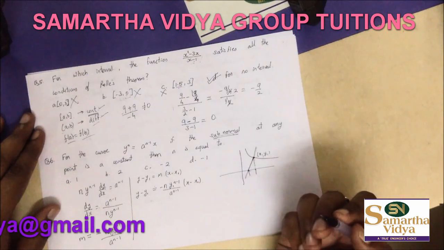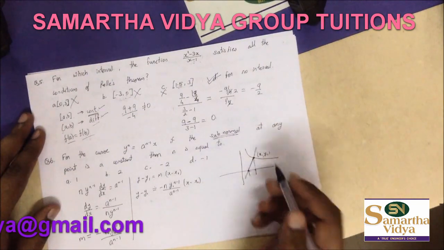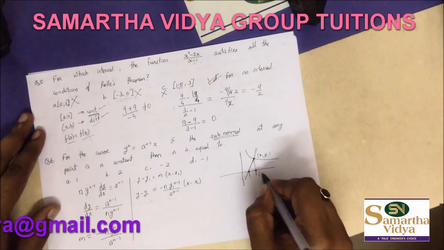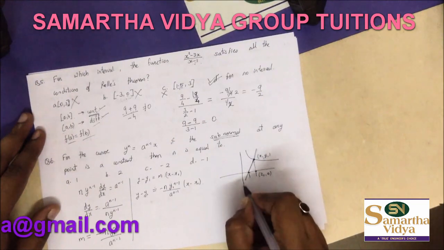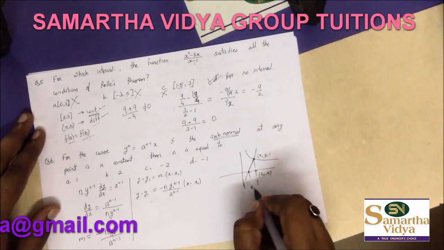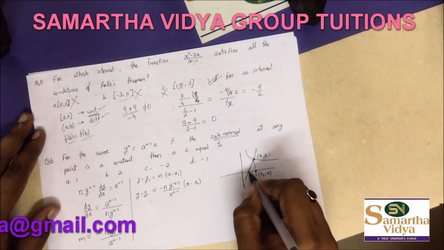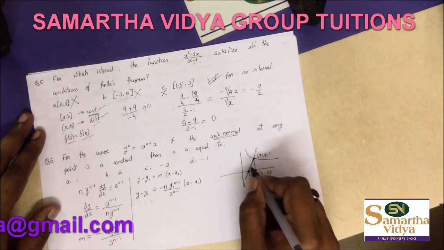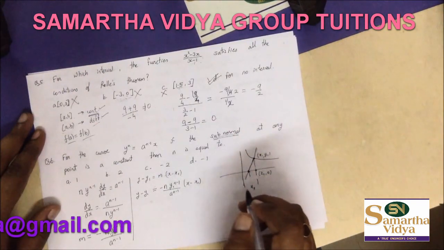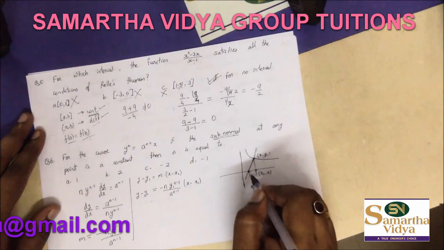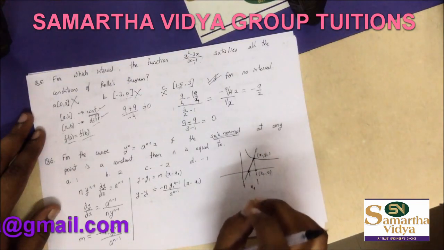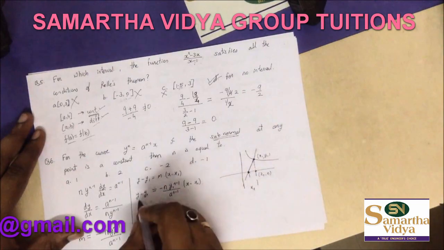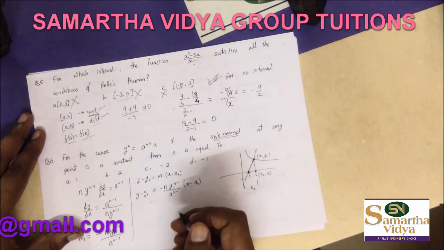Now let's see how to find the subnormal. This point is x1 comma 0, so this is basically x1. I need to find this other point, which is the point of intersection of the normal with the x-axis. So I need to substitute y is 0 and find x from there.